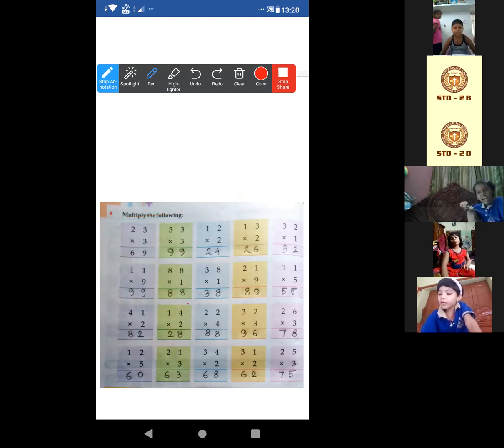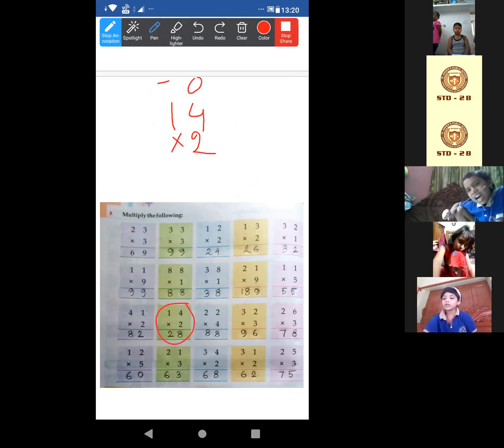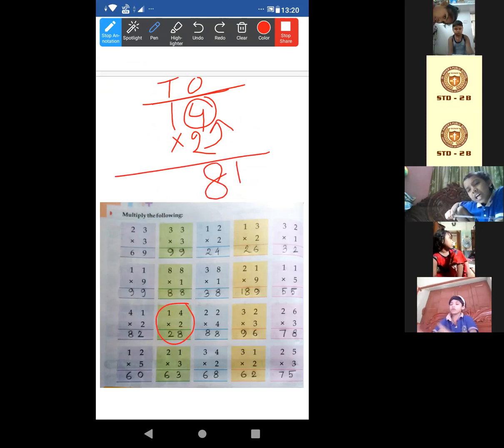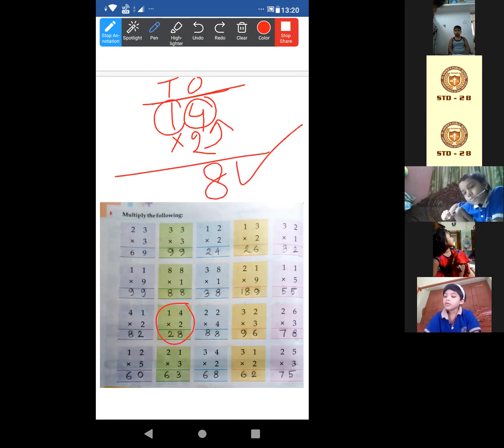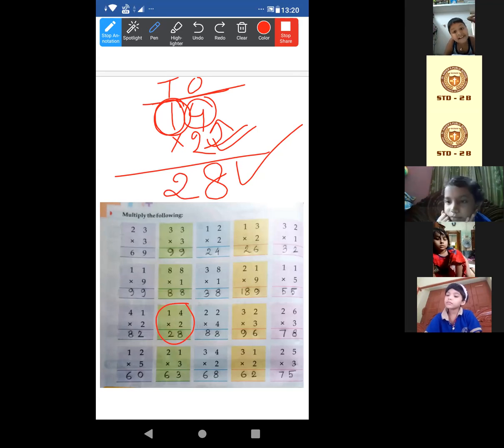14 into 2. Same thing. This is 1's place, this is 10's place. So by 2, we have to multiply this 4. 4 2s are 8, 1's place done. Now by this same 2, we have to multiply this 10's place digit 1. 2 1s are 2. 28.